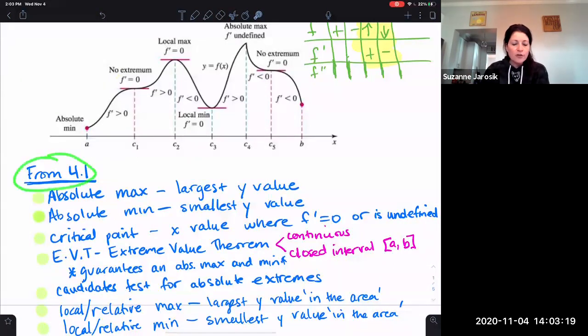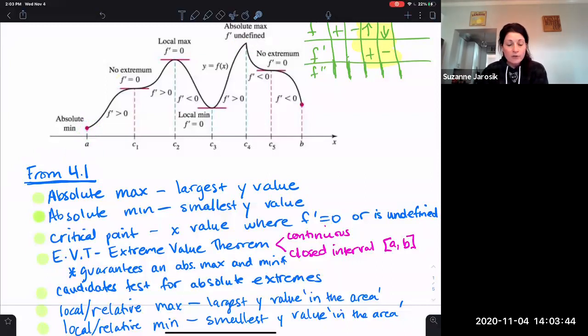Our refreshers being, we talked about absolute maximums. They're the largest y values, and our absolute max on this problem is this. And what's required for an absolute max? Actually, hold on that thought. Absolute mins, then I will talk about this, is right there and labeled smallest y value. Critical point: we talked about critical points.